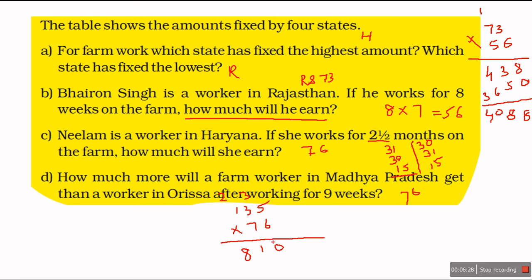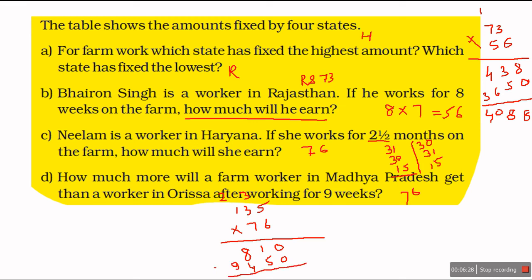Now I will multiply with 70. For multiplying 70, I will put 0 now. Now I have to multiply only with 7. 7 fives are 35, carry over 3. 7 threes are 21 and 3, 24. 4, carry over 2. 7 ones are 7 and 2, 9.